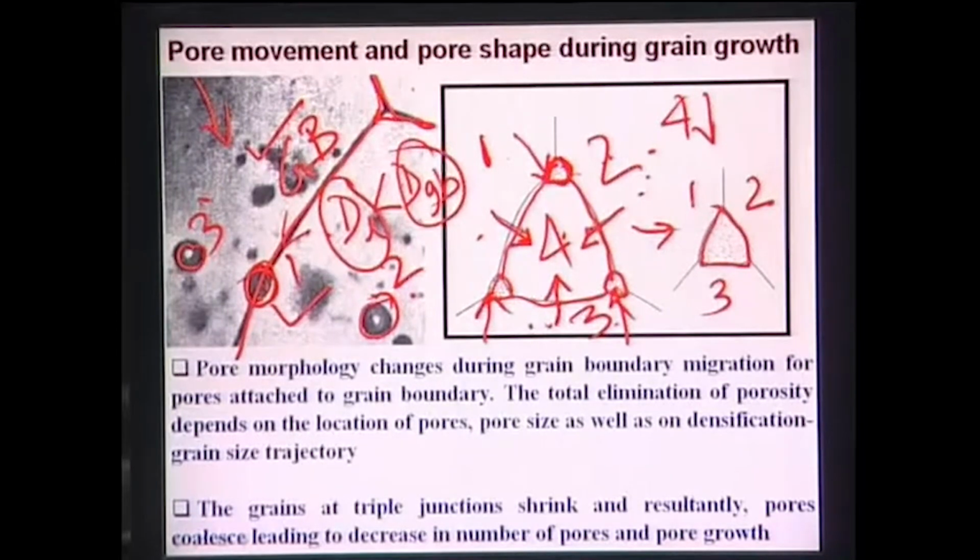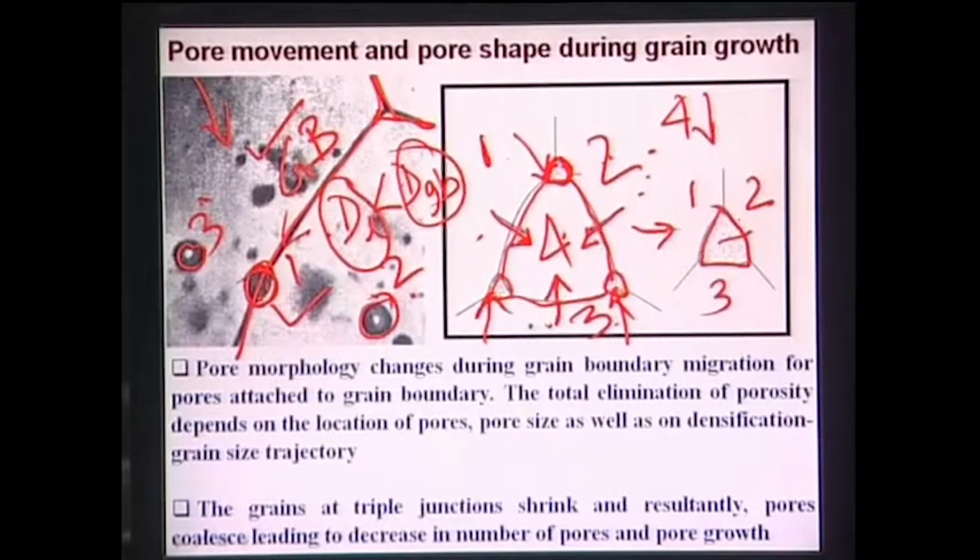So what is the net result? Grain growth is also accompanied by pore growth. Initially if the pore size here is 2 micron, 2 micron, 2 micron, then at the end of the sintering process the pore size would be much larger than 2 micron. That is point number 1.